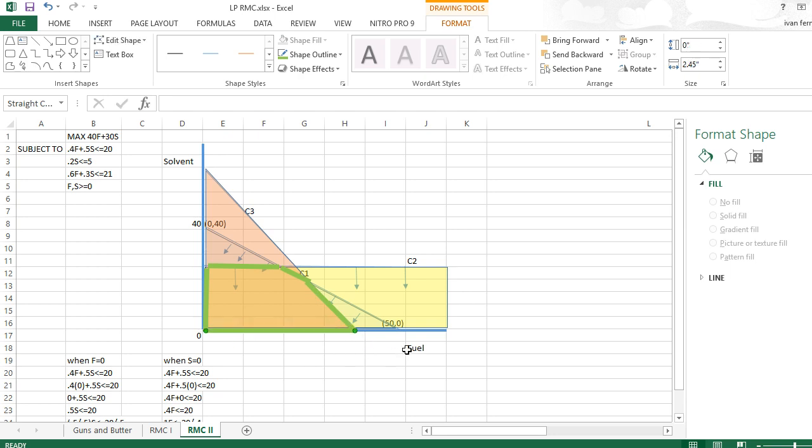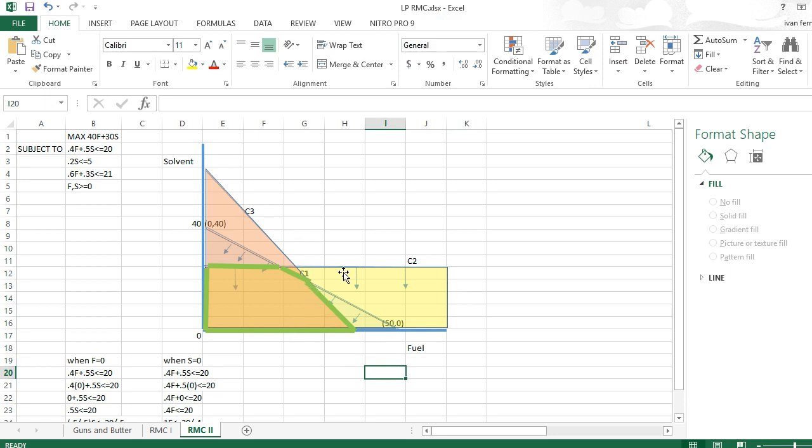That area is the only area that satisfies all three constraints. Notice this area, for example, only satisfies one constraint. This area over here only satisfies one constraint.